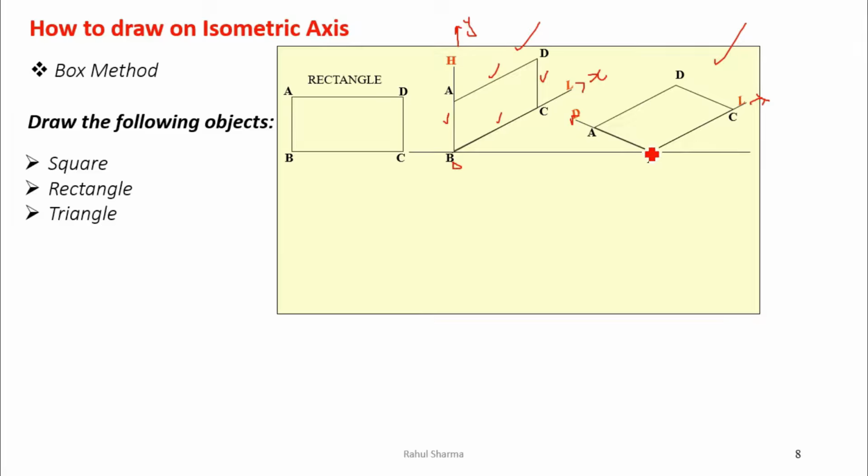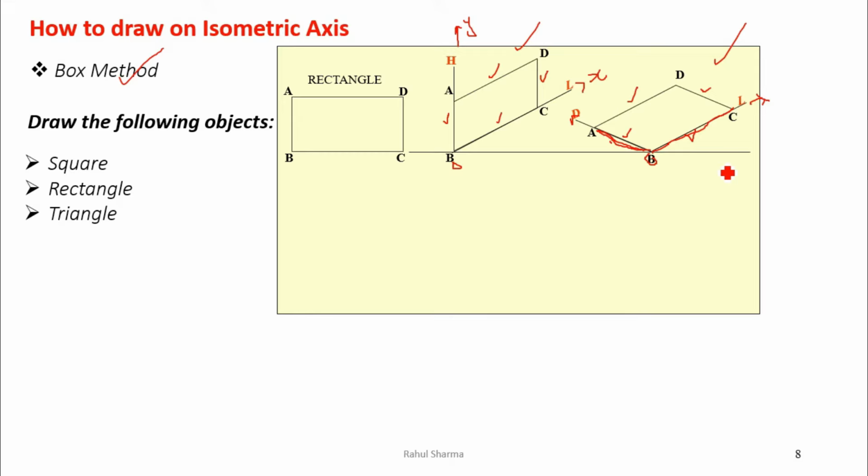So the same way we follow, opposite side equal length parallel. So what we do here, from O point we mark the length on this side and the other dimension on this side. After that we follow the box method. Box method means parallel to this equal length, parallel to this equal length, and we get this.